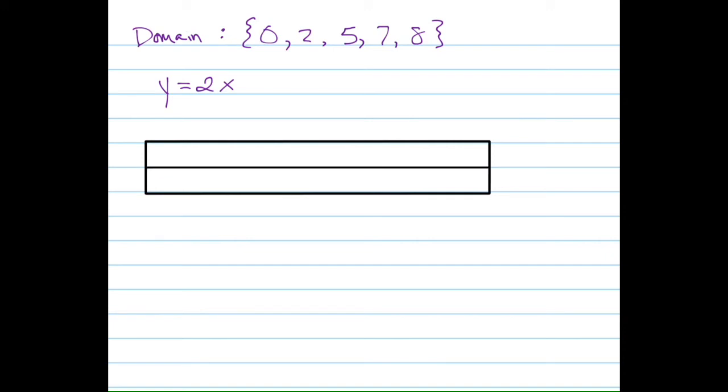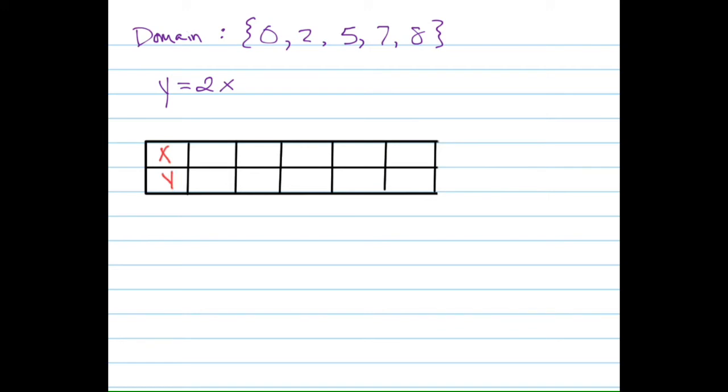So we make a rectangle, break it up into boxes. Now generally, we put our input on the top and our output on the bottom. I made a table that was too big. So x on top, y on the bottom.